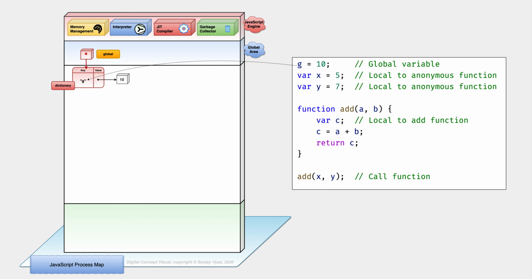But how about var x and var y? What is the difference? g did not have a var. So systems like Node.js move them into the global area, but any variable which is defined using var is always a local variable. So stack is an area which holds stack frames, also known as the context of a function.